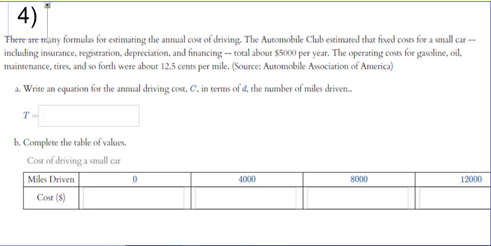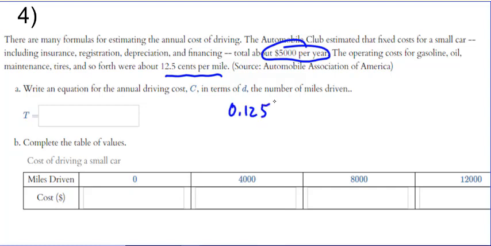Now I want to do one more problem, and I only want to set it up, because this is probably the one problem that gets asked most often as far as how to work it. It's 12.5 cents per mile, and they're talking about dollars per year. So you have to rewrite the cents as dollars, so 12.5 cents would be 0.125.